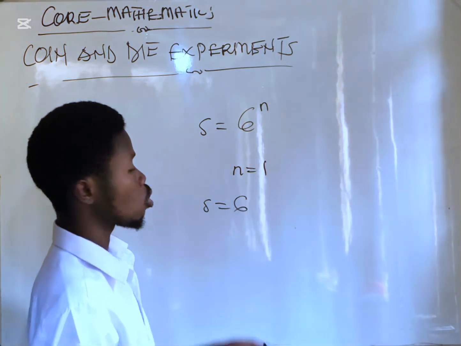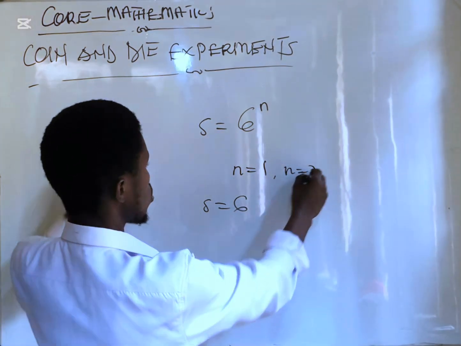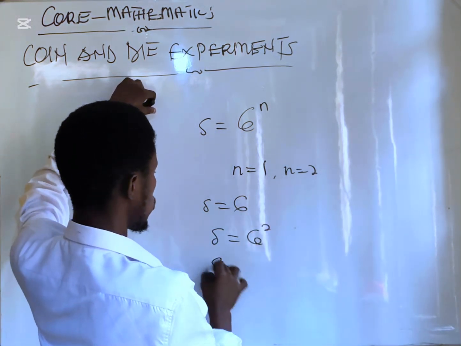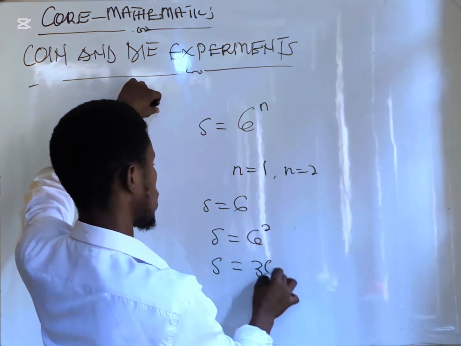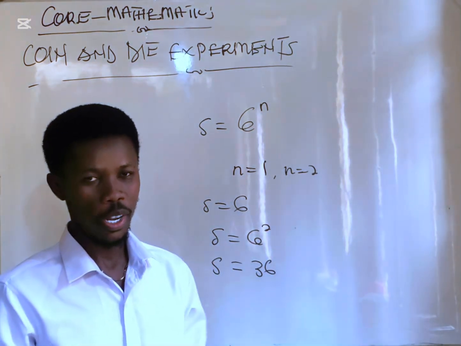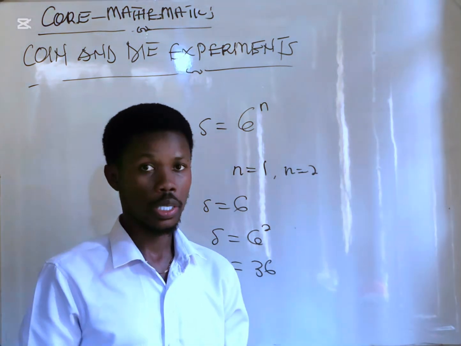When the die is tossed twice, n is 2, so s is 6 to the power 2, which is 36. When we toss it 3 times, n is 3, so that will be 6 to the power 3. Then you punch it in the calculator to get your answer.